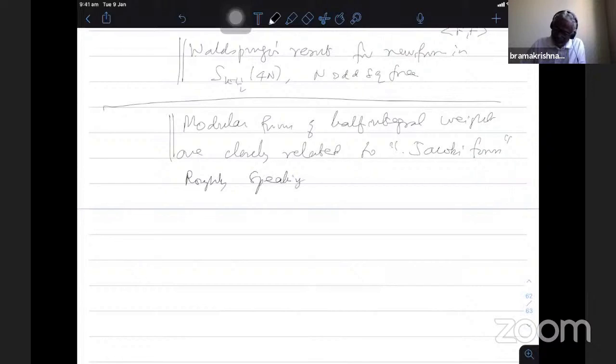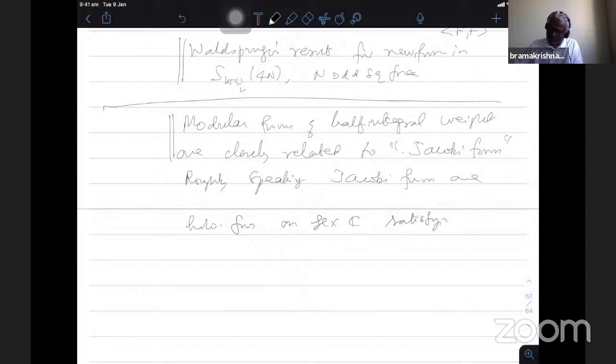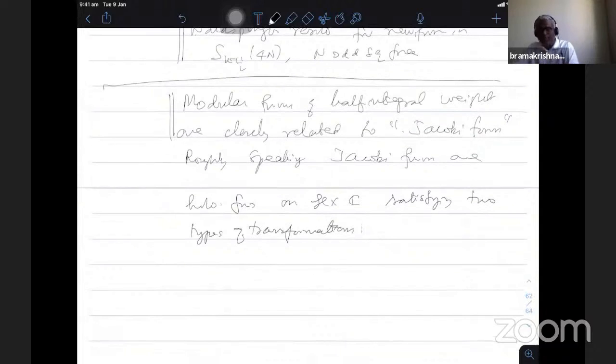I'm not very explicit. Jacobi forms are holomorphic functions of two variables on H cross C, satisfying two types of transformations. Okay, so Jacobi forms are two variable functions and modular forms of a single variable.